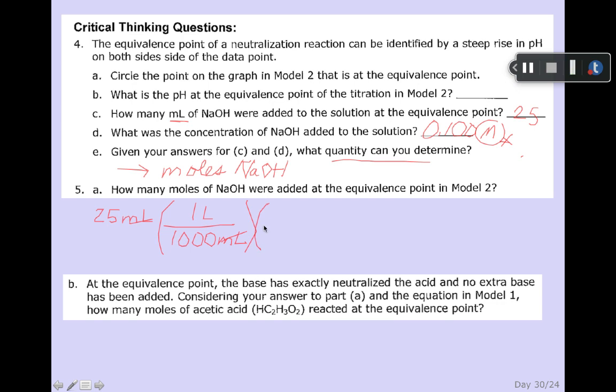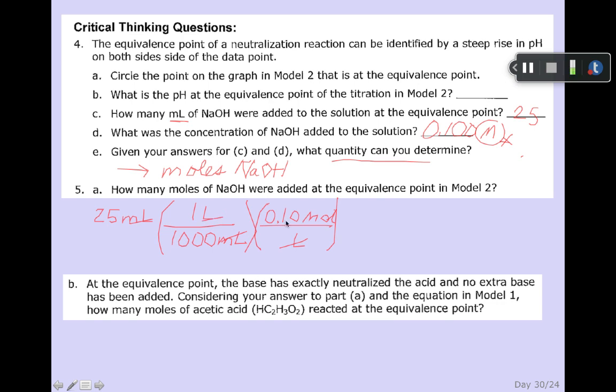And in order to get to moles, you're going to have to do something to put liters on the bottom. That's where molarity comes in. So molarity is always moles per liter, so put in the value that was shown in part D up above, 0.1. You can put in any number of zeros on there you want to, but they don't really help. Moles per liter. And having done that, the liters cancel.